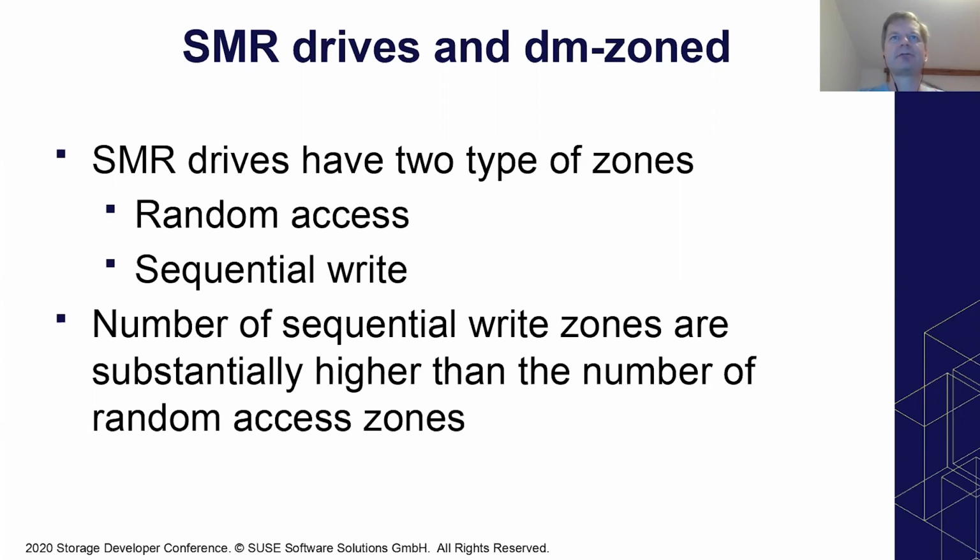The other type is sequential write, which can be read just like normal zones with random access. But for writes, they will only accept writes in a sequential manner, meaning starting after a so-called write pointer. The typical characteristic of these drives is that the number of sequential write zones is substantially higher than the number of random access zones.